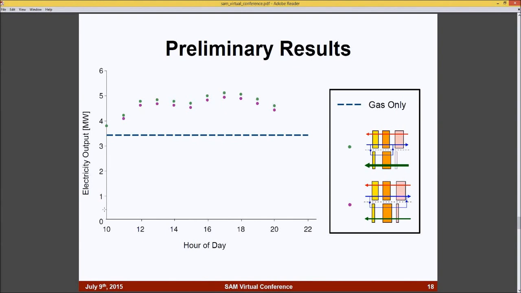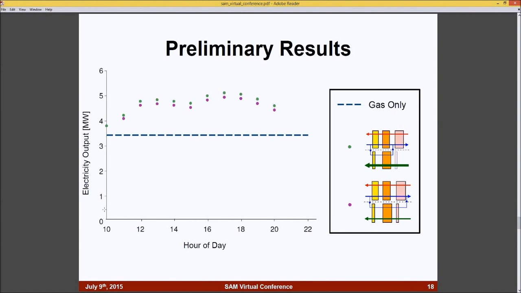So here are some preliminary results. Taking that proxy model that we've now built and putting it back into our system, we're going to look at different hours of the day. These hours are not linked together: hour 12 does not move into hour 13, for example.